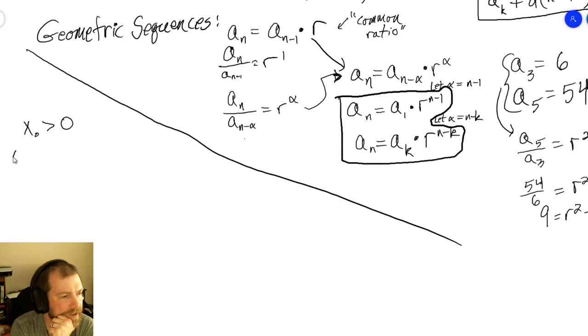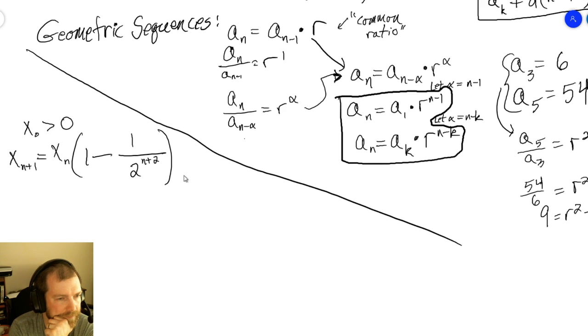Then define x sub n plus 1 to be equal to x sub n times the quantity 1 minus 1 over 2 to the n plus 2. Show x sub n greater than x sub 0 over 2 for all n.